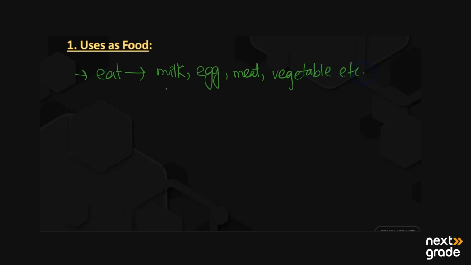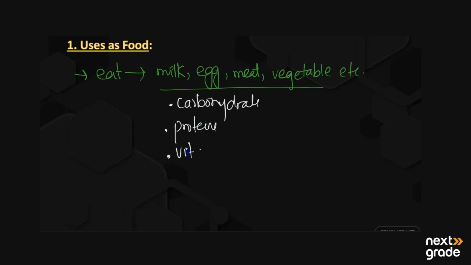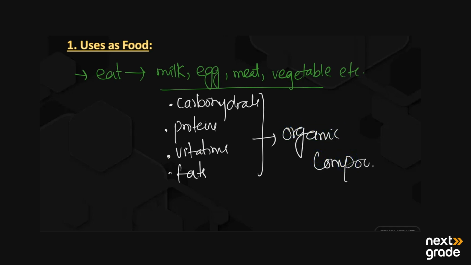These all consist of carbohydrates, and may have proteins, vitamins, along with fats, and all these are organic compounds that we eat.